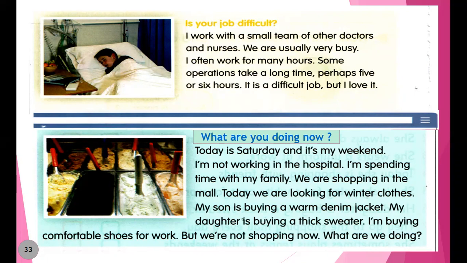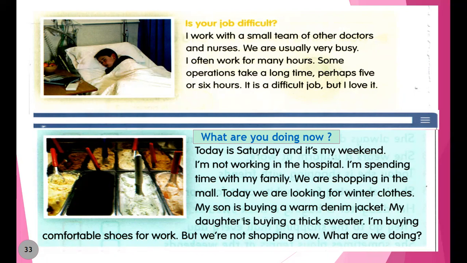ماذا نفعل؟ إذا لو لاحظنا الزمن اللي استخدمناه في هذه الفقرة استخدمت زمن present continuous اللي هو عبارة عن subject pronoun بعد يجيني am is are ومن ثم verb with ing. الأفعال أو الجمل اللي وردت في الباراجراف هي I'm not working in the hospital. This is negative. هذه بصيغة النفي.